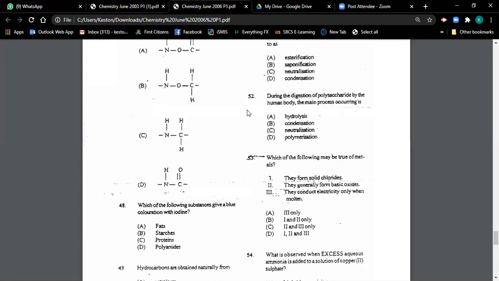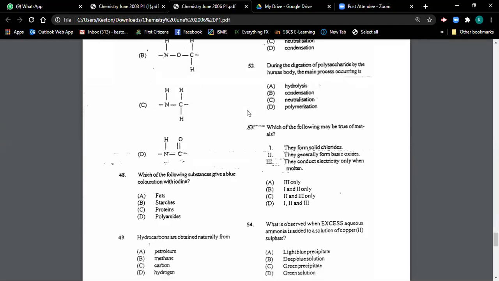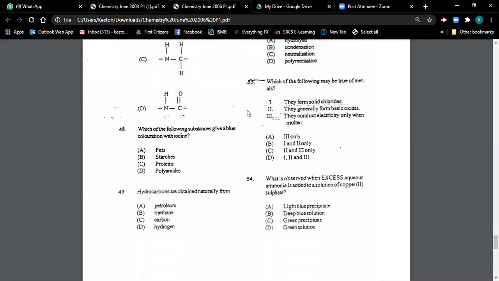They form solid chlorides and they generally form basic oxides. Yep, that's correct. Right, so we know 3 is wrong. That doesn't make sense. They conduct electricity only when molten, metals, not the salts.